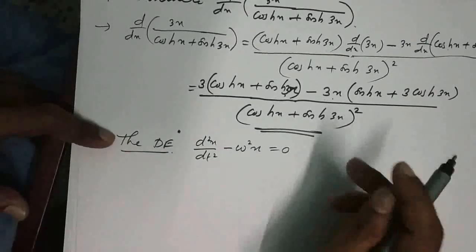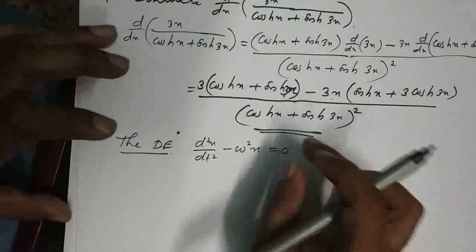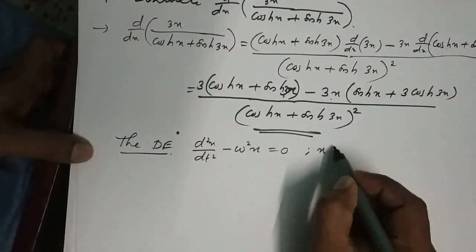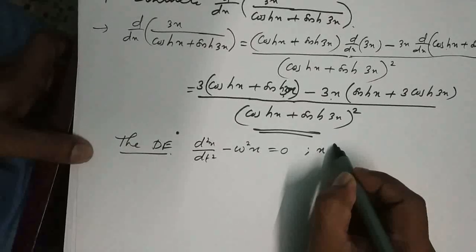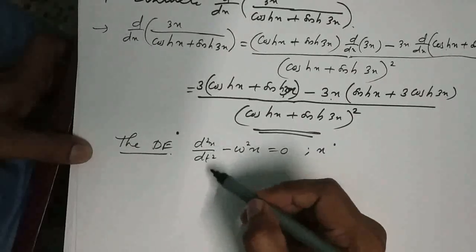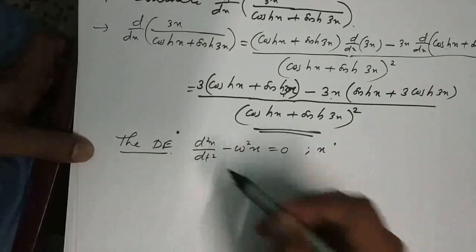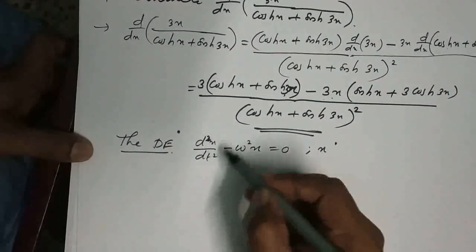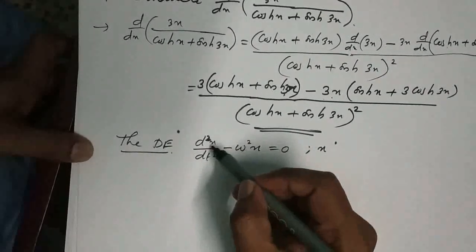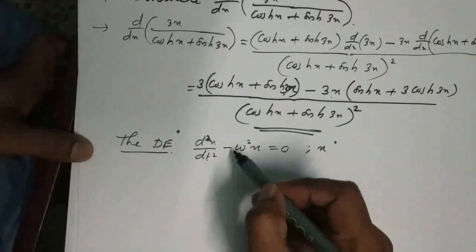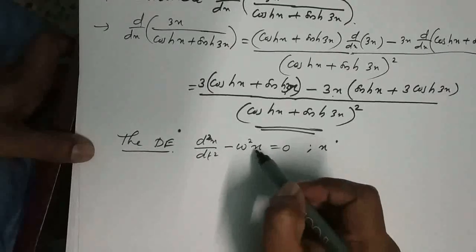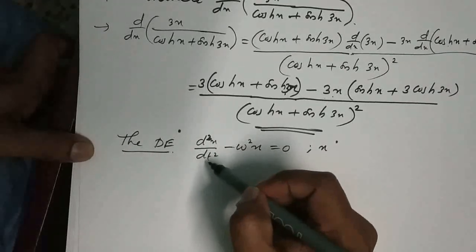Now what will be the solution of this equation along with this condition? Here x is a function of t, so the solution will be x as a function of t. This is a second order differential equation, where x is the dependent variable and t is the independent variable.